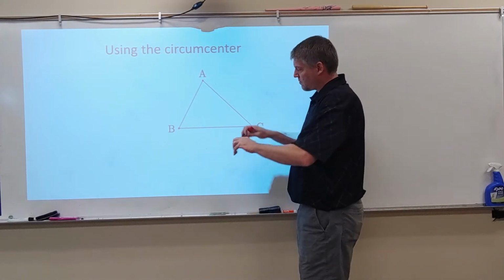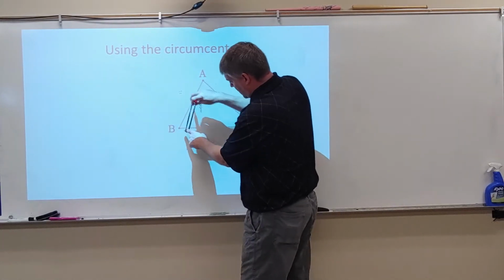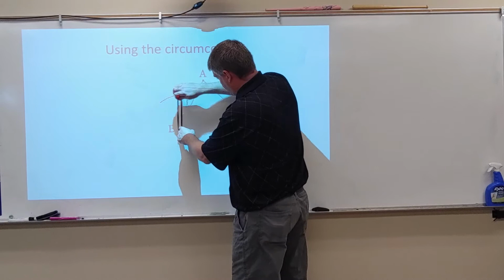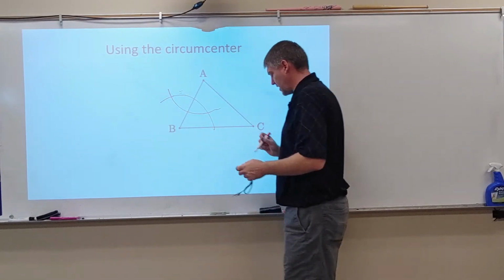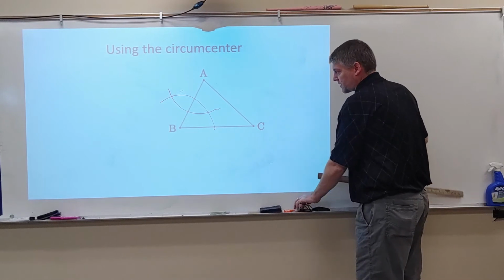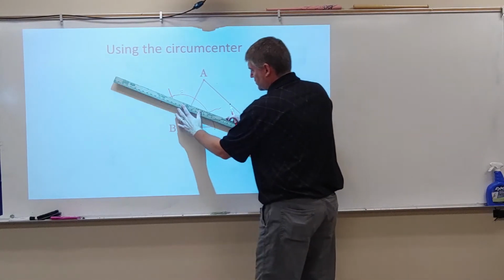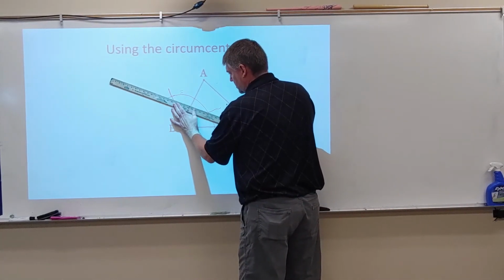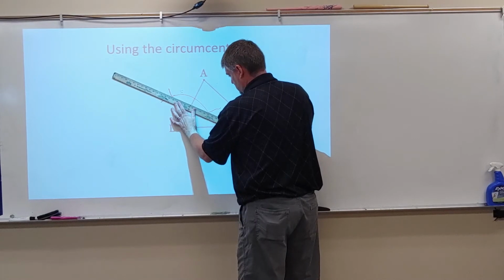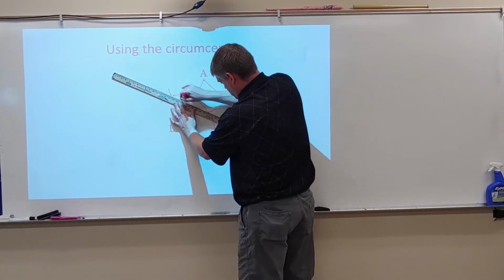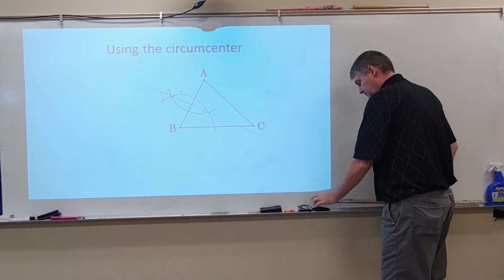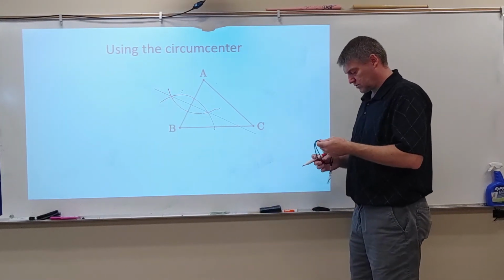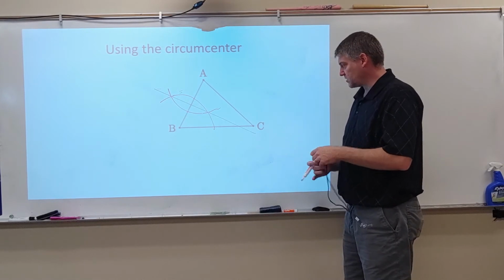I'm going to find my perpendicular bisector of BA. I take it there. There's my first perpendicular bisector. I'm going to use my straight edge here. Then I'm going to go to BC and do the same thing.